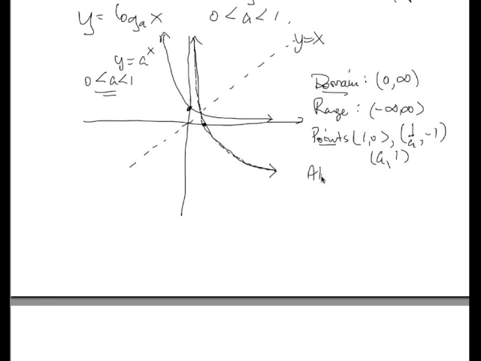Notice it's always decreasing now, always going down to the right. We still have a vertical asymptote, the y-axis, like so.